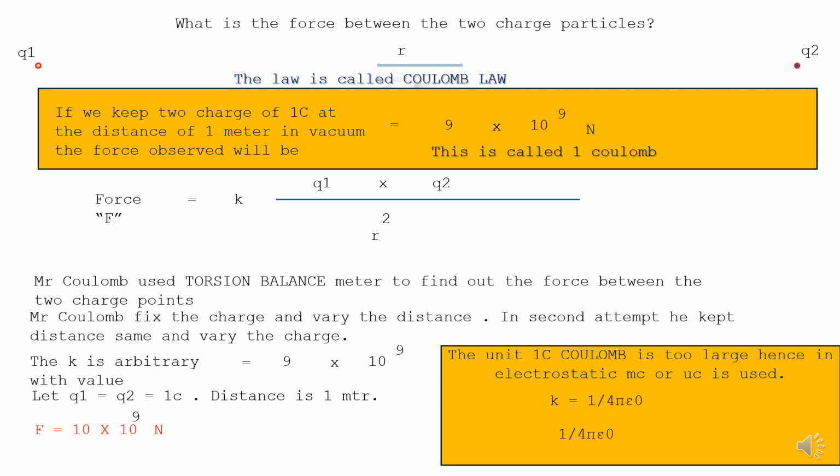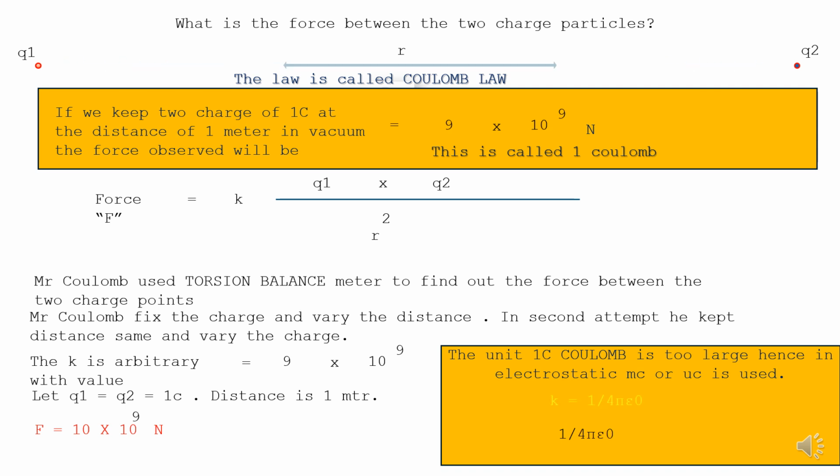What is the value of the arbitrary constant k? K is nothing but 1 upon 4 pi epsilon 0. A 1 coulomb charge is too large for calculation, and many times in your further study you will find the electrostatic charge mentioned as a millicoulomb or microcoulomb.